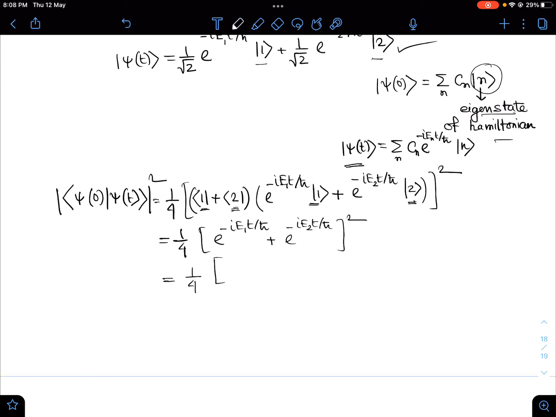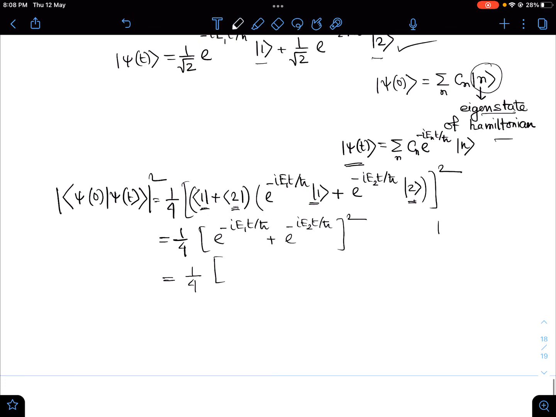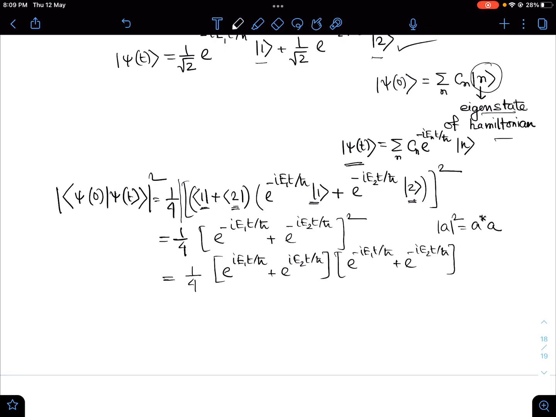It will be like the complex conjugate, like a star a. So first we will have this term, and we will have this term. Let me write mod here, so it will be clearer to you.